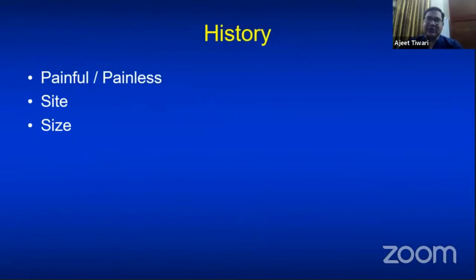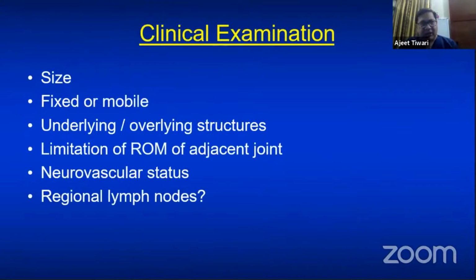Whenever you see any patient who has pain, always note the site of the pain. Is the lump painful or painless? What is the site? What is the size of the lump? And what is the chronicity of the pain, since how long has he had pain? Is the pain increasing or the same? In the clinical examination, see the size, whether it is mobile or fixed to the underlying structures.